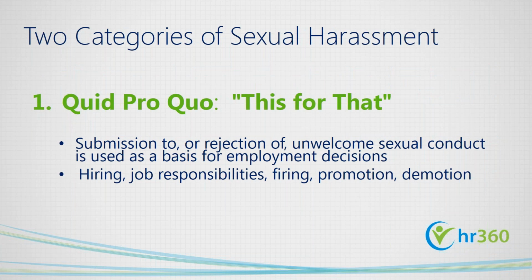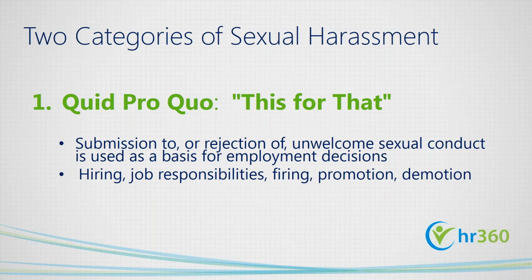Now, two categories of sexual harassment. The first one we talked about and mentioned a moment ago, quid pro quo. And what that means is this for that. And that actually entails submission to or rejection of unwelcome sexual conduct, and when it is used as a basis for employment decisions. And what's an employment decision? It could be hiring, job responsibilities, firing, promotion, demotion.